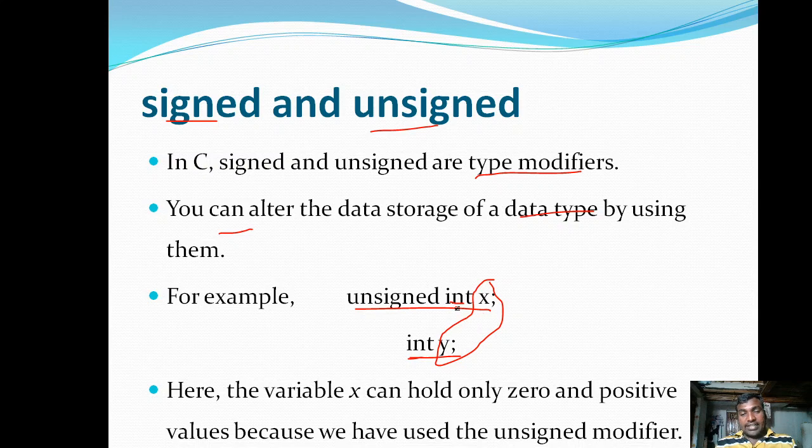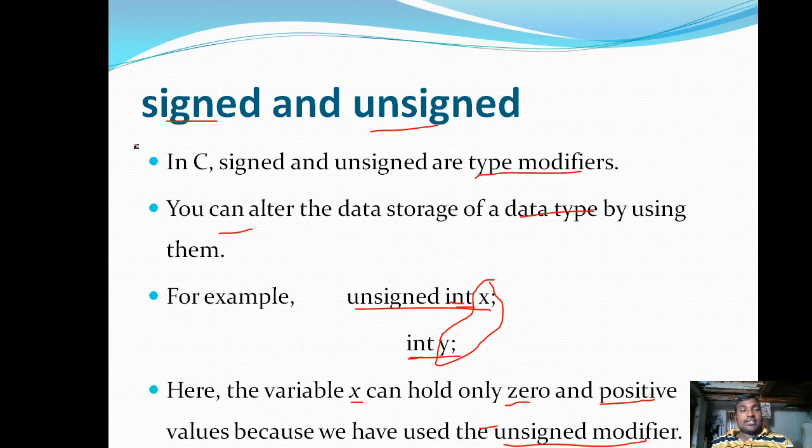But int x is preceded with unsigned, meaning variable x can hold either 0 or more than 0, that is, positive values, because we have used the unsigned modifier.